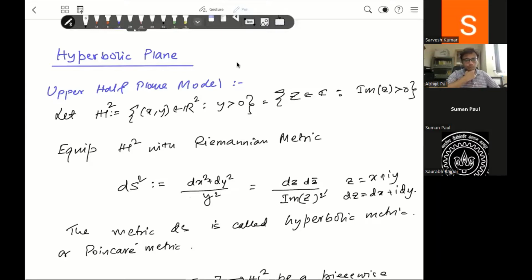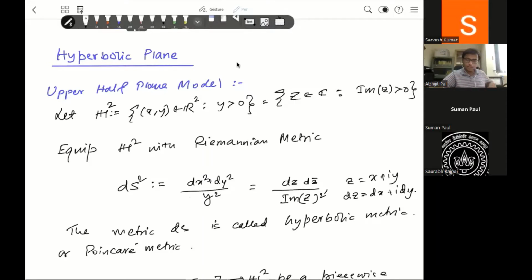What I'll try to do is prove that triangles are slim in this hyperbolic plane, and then I'll move to the general geodesic metric space, where we call it a hyperbolic metric space.